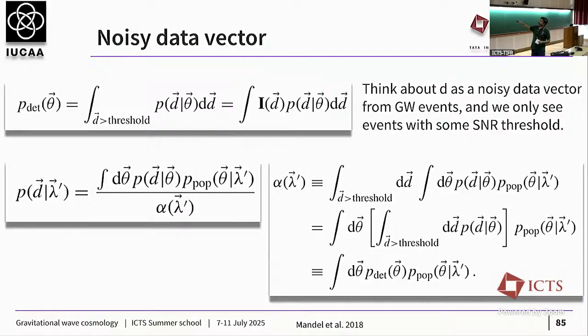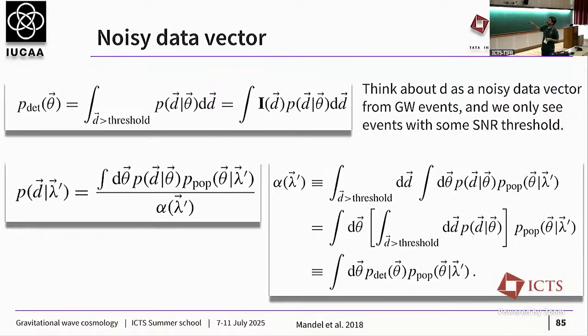You say P of D given theta, integrated over all possible data vectors, in principle over all possible noise realizations. And then you can detect only certain events, say where the SNR goes above the threshold. We wrote this more generally as an integral over all data vectors, but putting in this I, which tells you whether a given data vector will be detected or not.